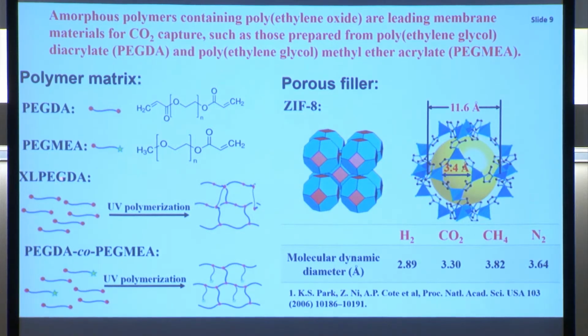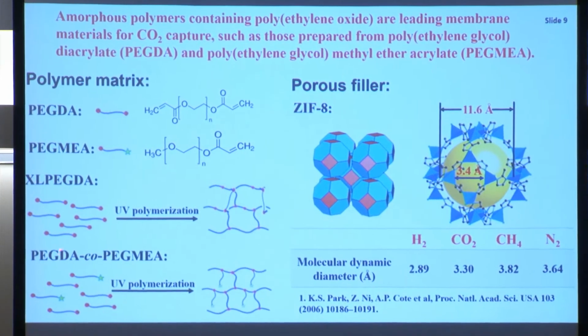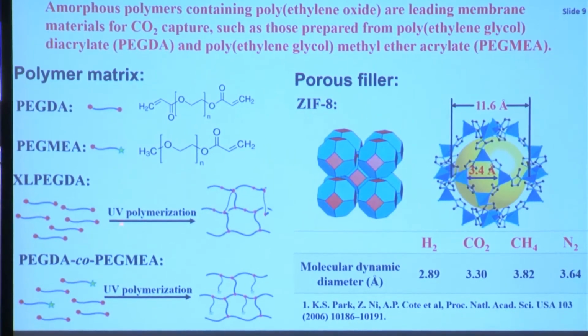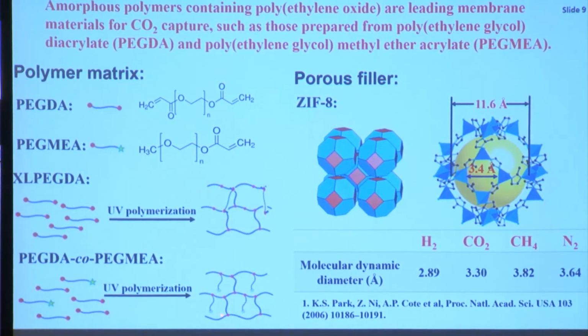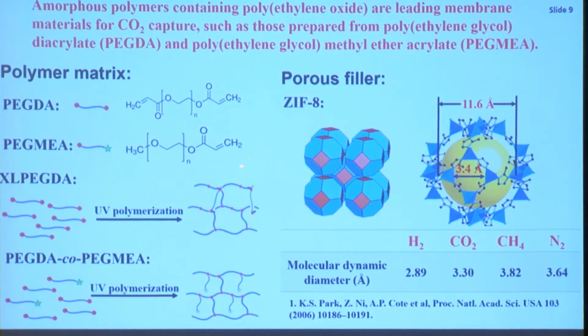The PEGDA can also be cross-linked to prepare XL-PEGDA, and it can also combine with the PEGMEA. So we use the polymer matrix loaded with the ZIF-8 porous fillers.